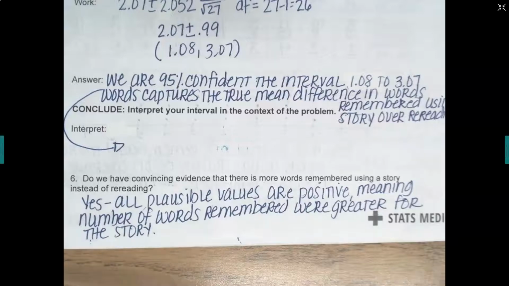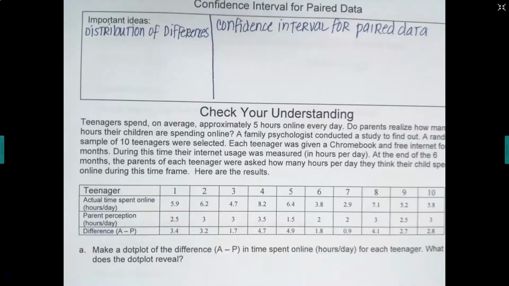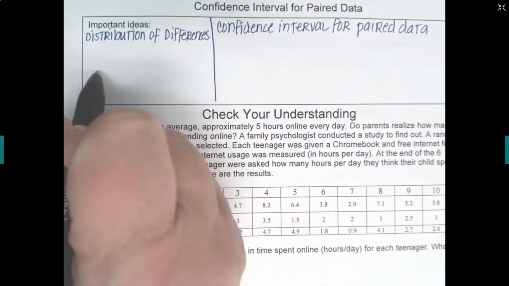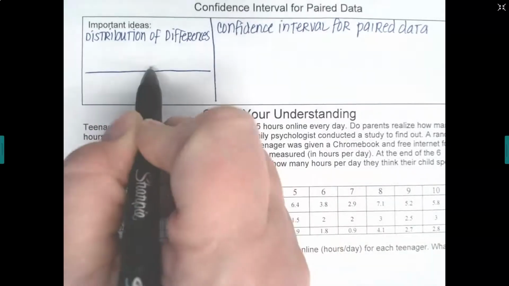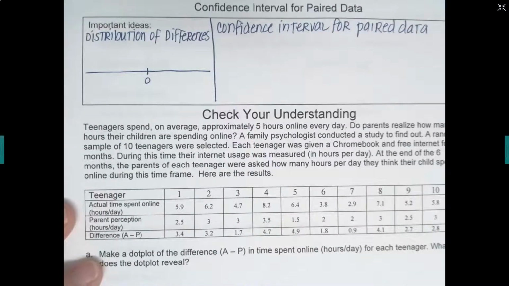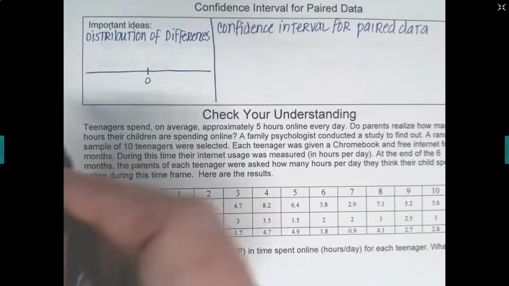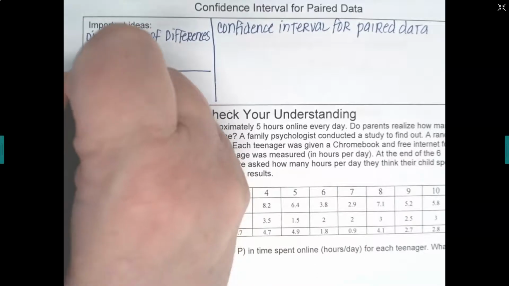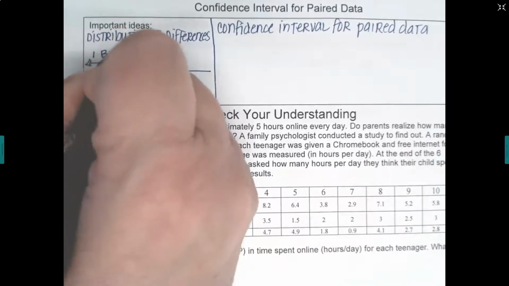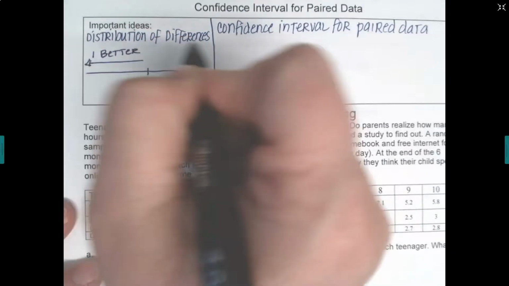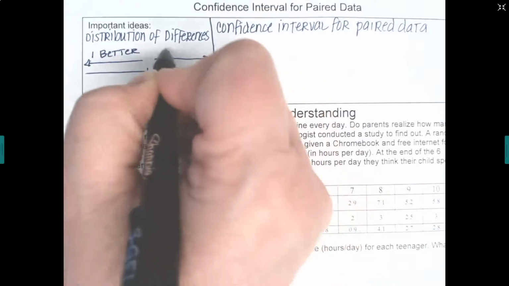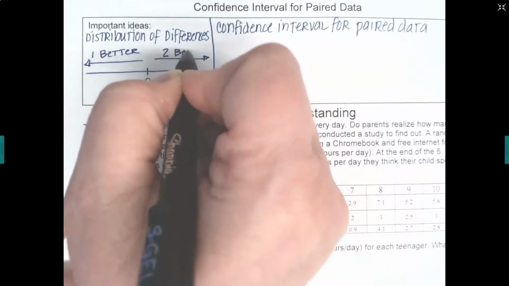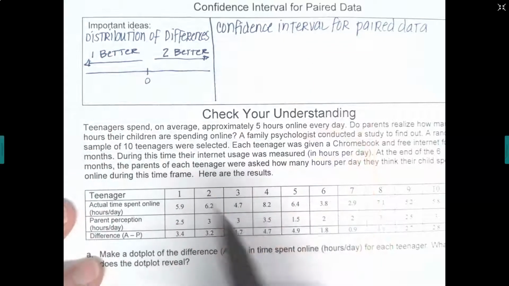Let's condense this down and see what I want to be sure that you take away from this on the next page. All right, there are two things that I want you to take away from this. When we have our distribution, one of the values should be that there is no difference. This would be 1 is better if you do 1 minus 2. This would be 2 is better. The 0 is where they're exactly the same.